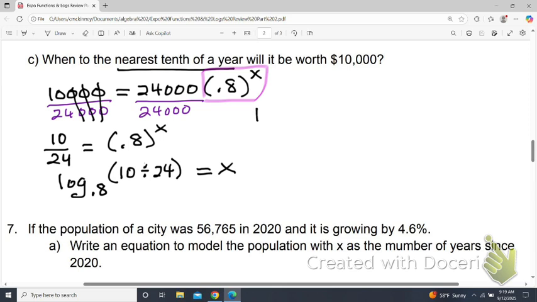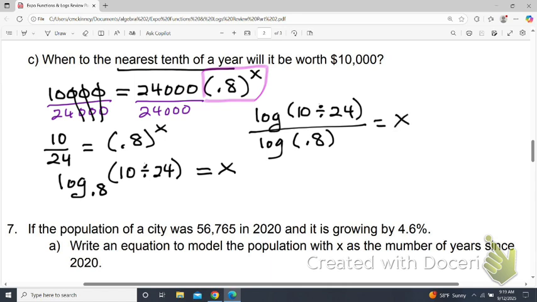So then this is when we do log of the argument. So this is change of base, also mentioned on your reference page. Divide it by, and these are common logs now, they don't have a base. Divide it by the common log of the 0.8.